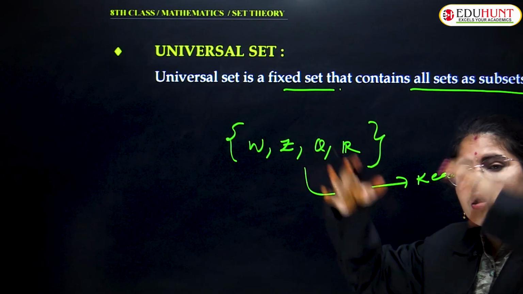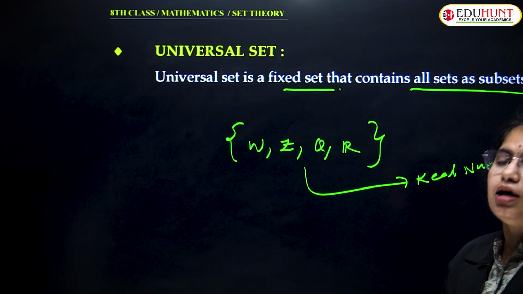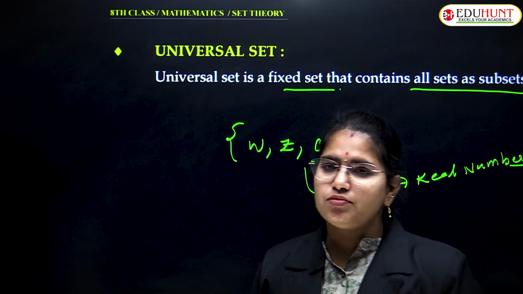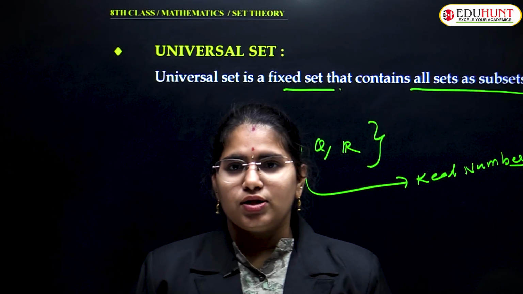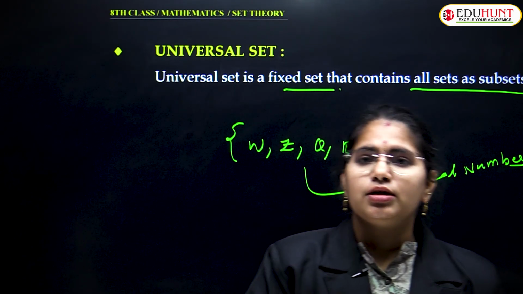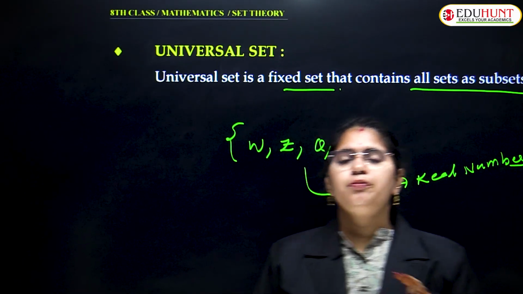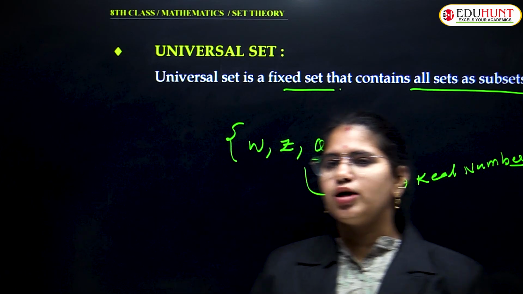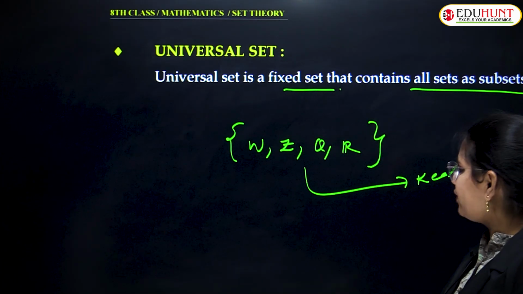These are also sets, right? But if you put all the sets together, that forms a universal set. Writing all the sets together and putting all these in one particular set is called a universal set. Understood? So, that is nothing but universal set.